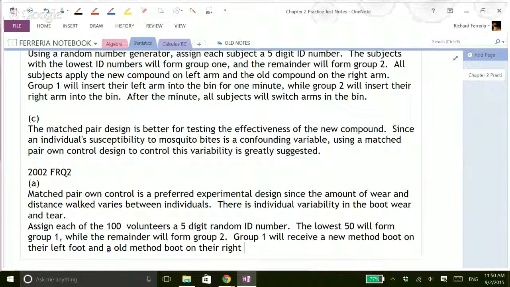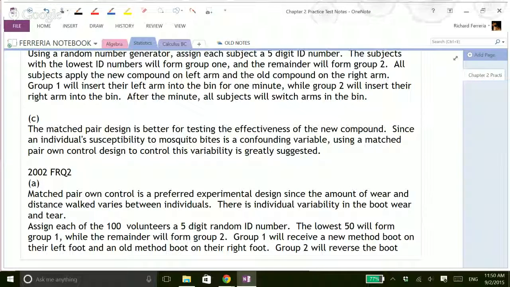And then vice versa for group 2. We'll reverse the boots.